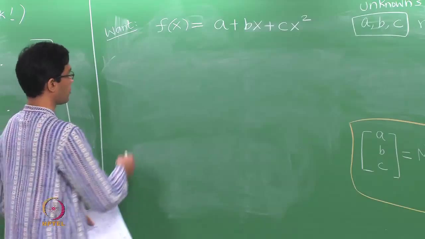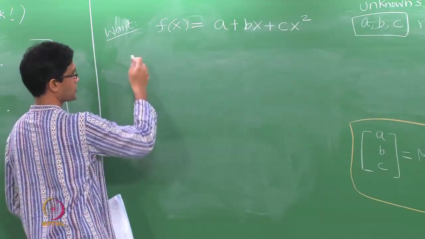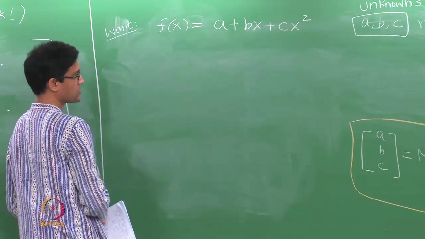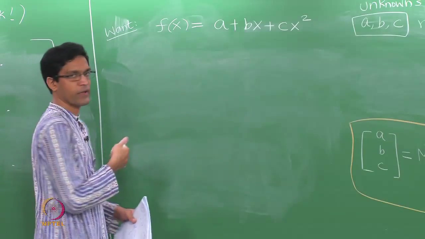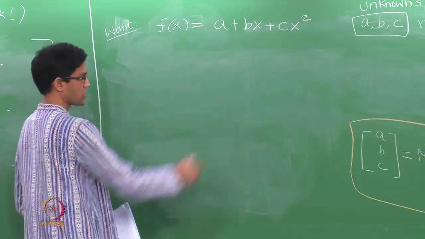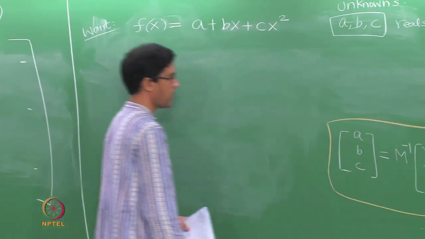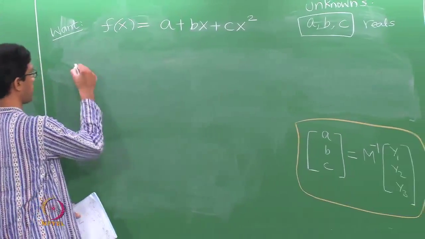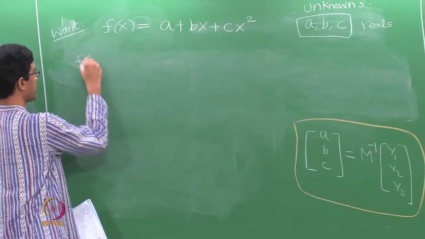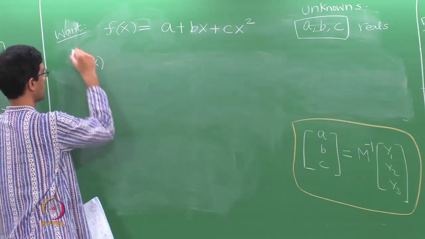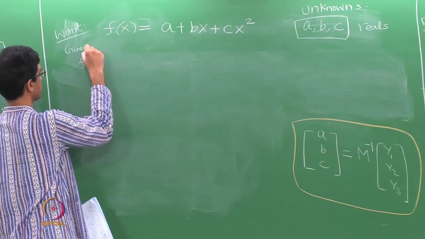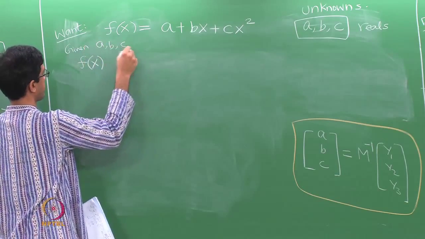So how do we go about finding f? Assume for the moment that I have figured out what a, b, c are from my description of M inverse and so on. By using this property here, it will tell me what a, b and c are. But let me recover f from a, b, c. Given a, b, c, how do I find f?